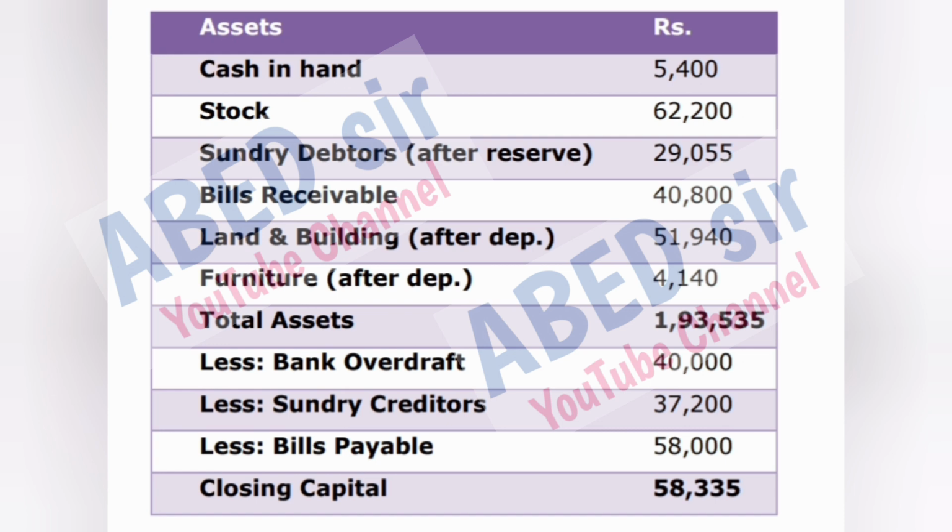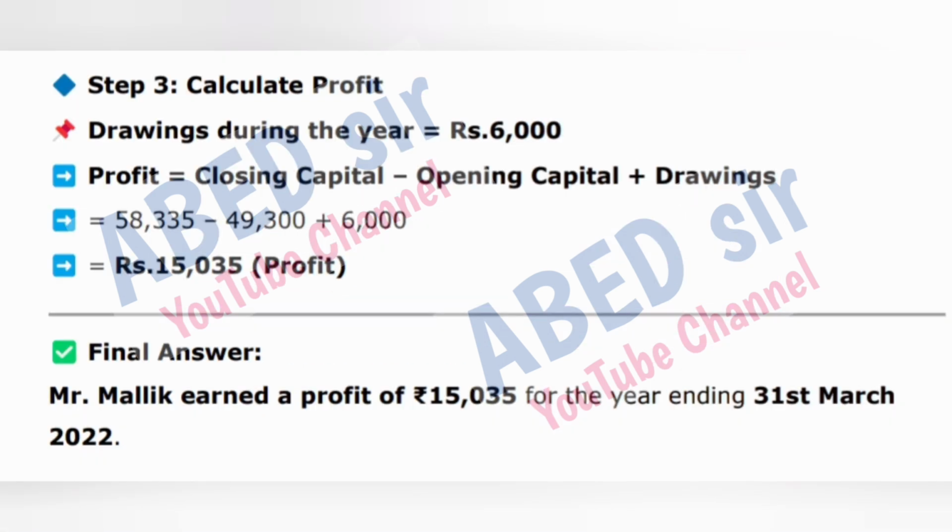Total assets 1,93,535. Less bank overdraft 40,000. Less sundry creditors 37,200. Less bills payable 58,000. Closing capital 58,335.